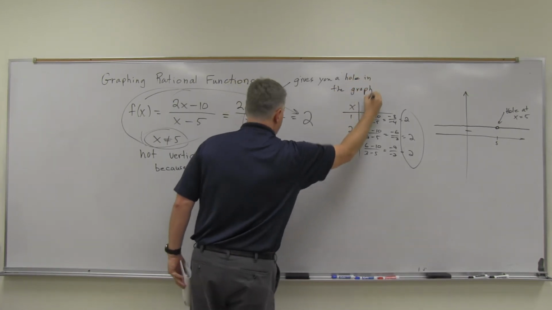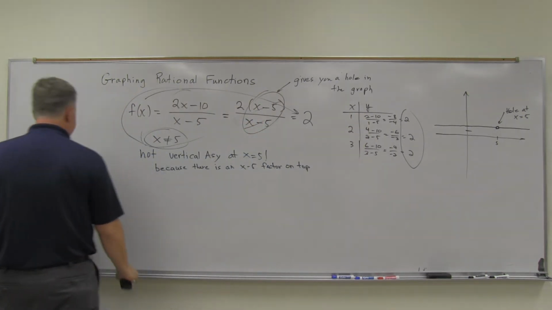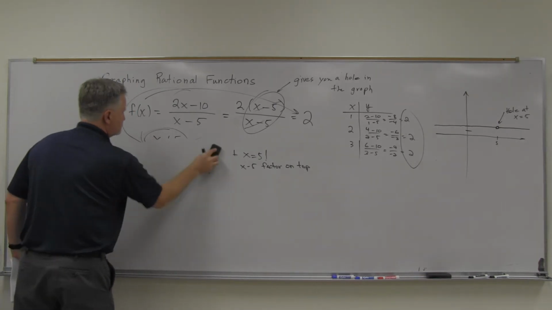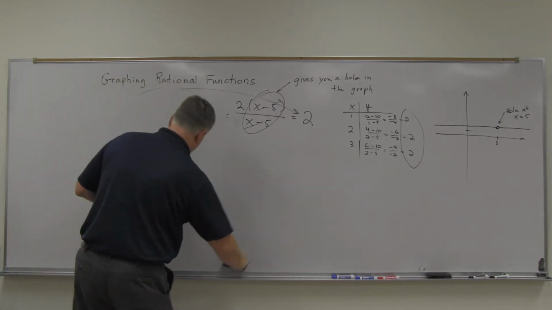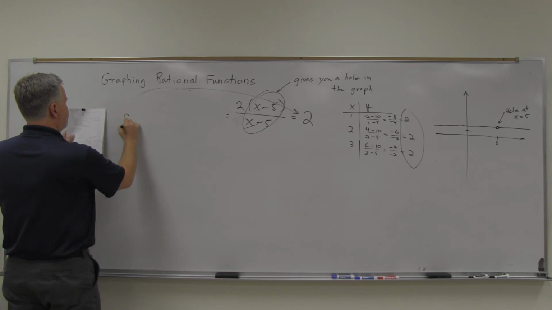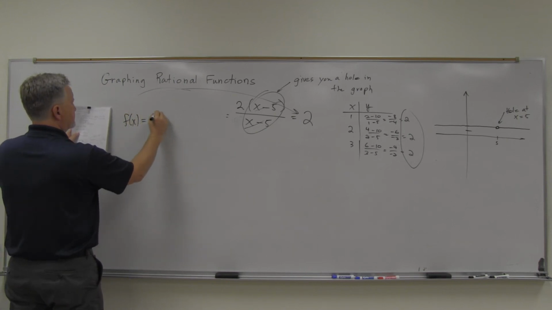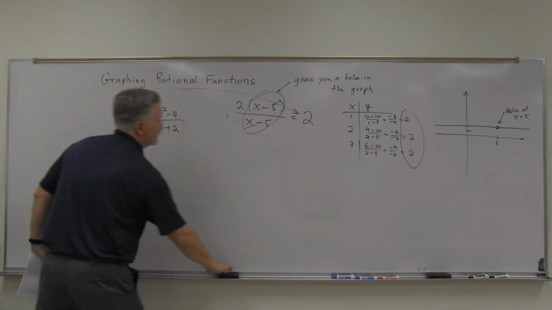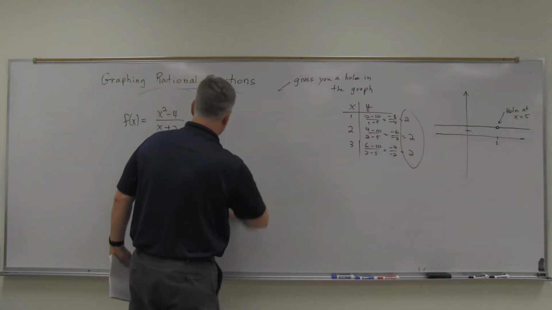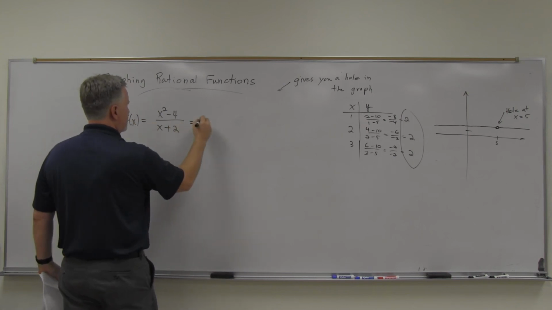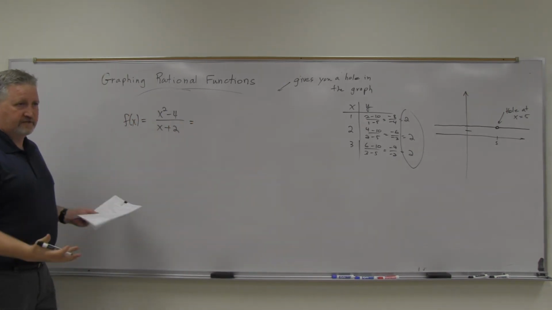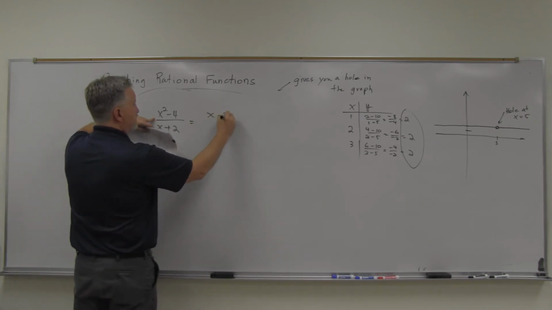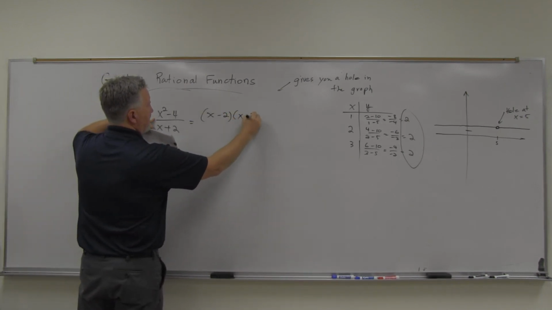So I got one more here lined up. All right, so take a look at this one. F of x equals x squared minus 4 over x plus 2. Well, this one also has a common factor, doesn't it? Because at the top, I've got x minus 2 times x plus 2 would be the factors.